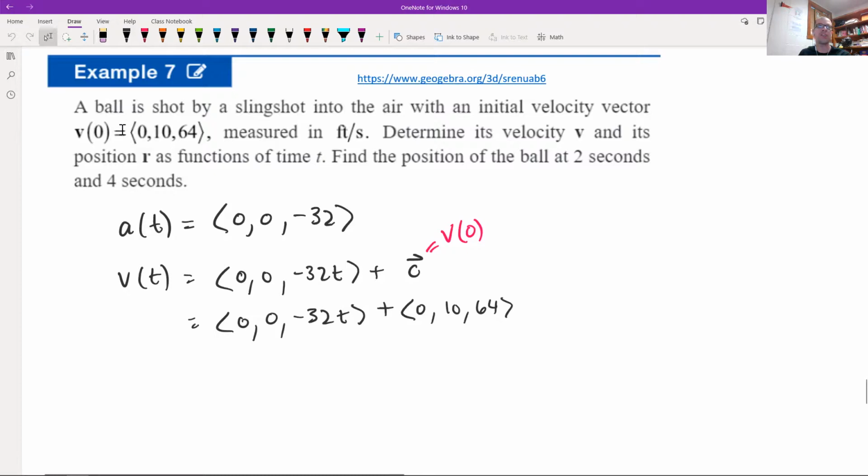The initial condition on the velocity allows us to pinpoint what this extra constant vector will be. And we could totally add those together to get something that looks nice overall. We just have 10 for y, and then negative 32t plus 64 for the z component.